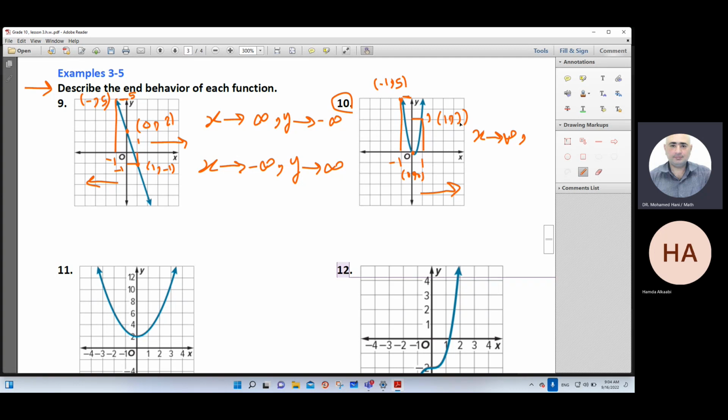So from 0 to 3 means increase. So here x goes to the infinity, y will go to the infinity.